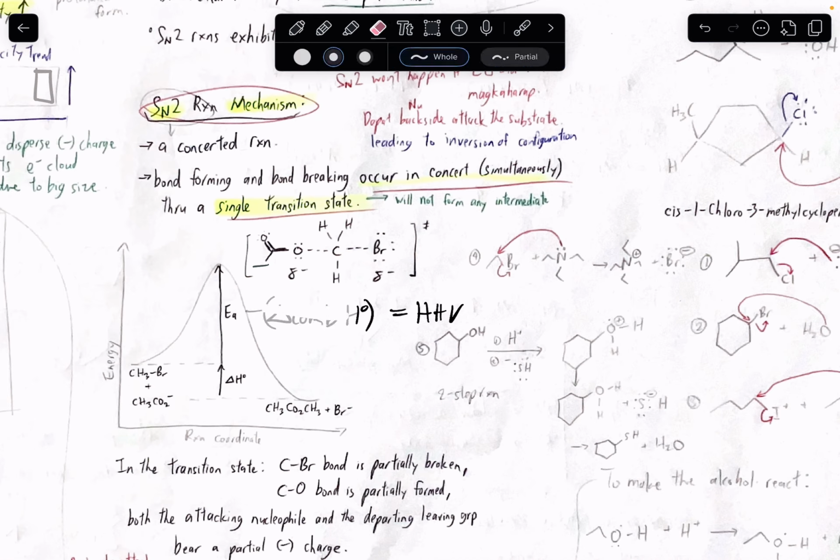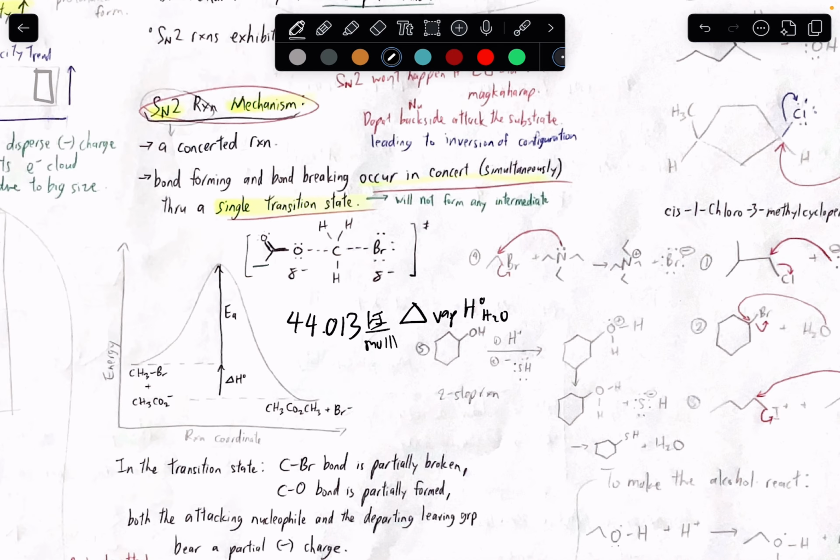Also, 44.01, this is a constant, delta vap H of water, the standard enthalpy of the vaporization of water, in kilojoules per mole of water. That's the unit. Anyways, that's not related to organic chemistry.